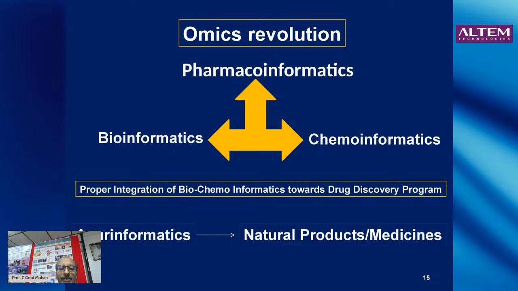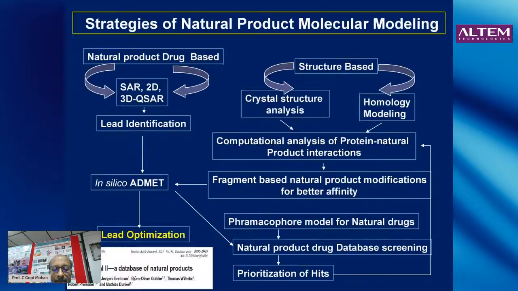Bioinformatics can also be integrated into pharmacoinformatics, which will play an important role in natural product derived medicines. All these things have to come up in our academic sector as well as our industry sector in a better way, so that one can guide drug discovery programs better.